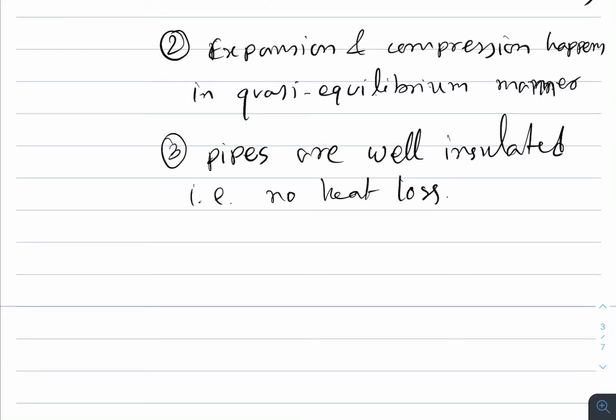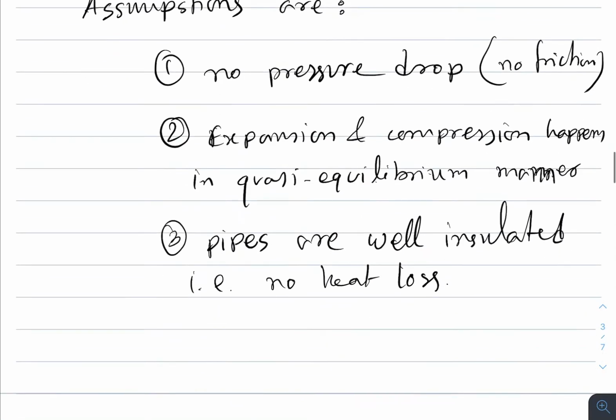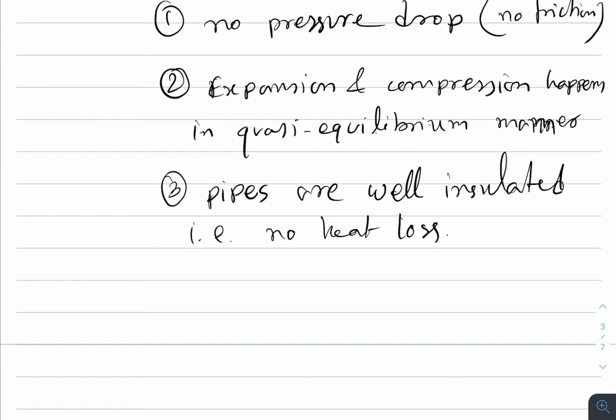However, in the actual case we see a lot of drawbacks, or a lot of losses, and we see the difference between the ideal and actual. We can see those losses just by taking a look at the diagrams. So now, we've just talked about the ideal cycle, but let's name the ideal cycle.